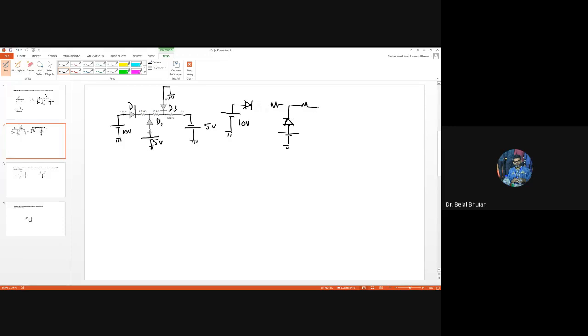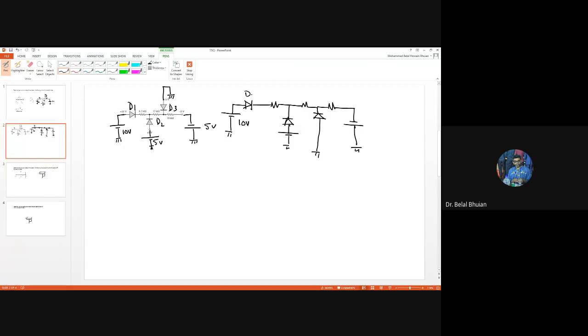If I draw it this way, this is connected to the N side, and the P side is connected to the ground. And then D3. This is how we can simplify or redraw the circuit.